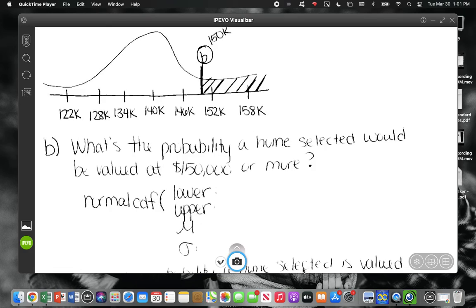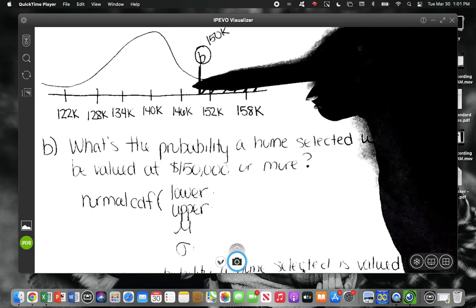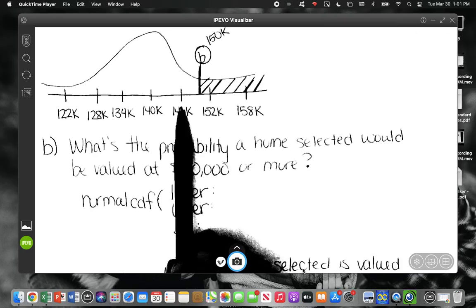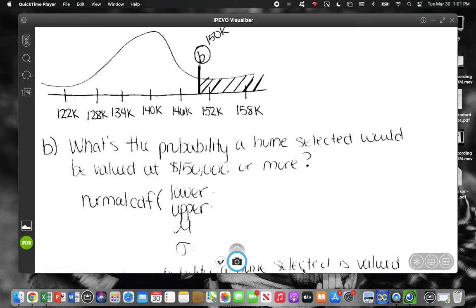Now, what do you guys get for a probability for this? 0.048. Delaney, are you getting that? Okay, now I have to ask. Whenever you do this, you should have on your graph a line in between 146 and 152, a little bit closer to 152.